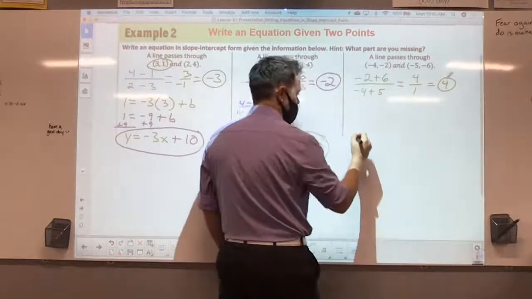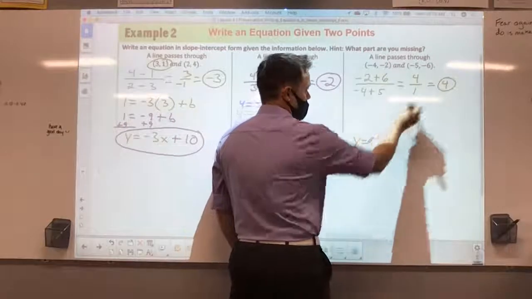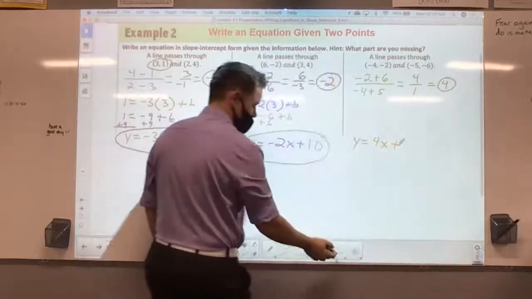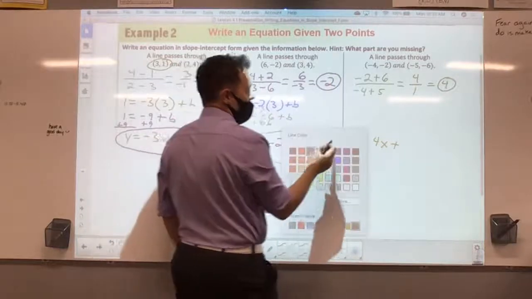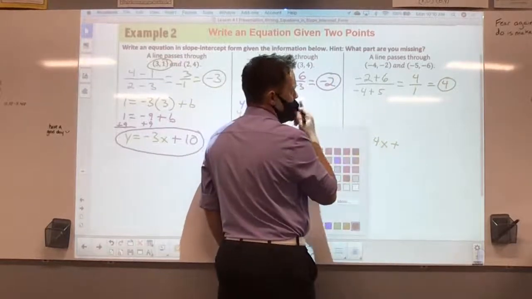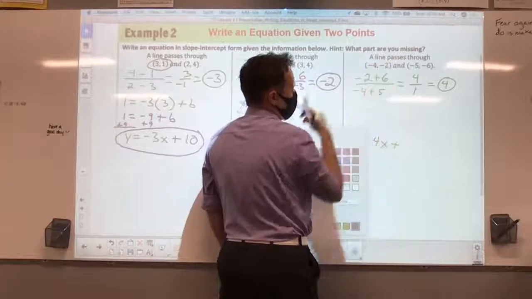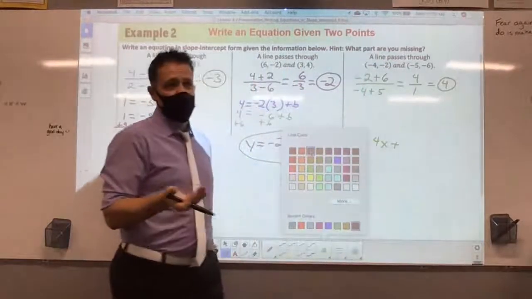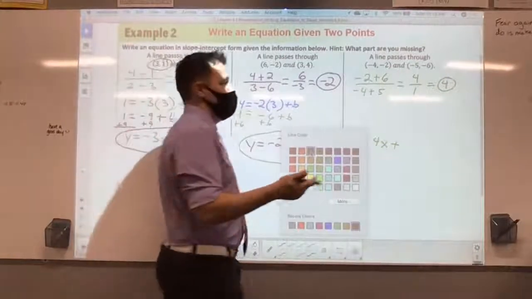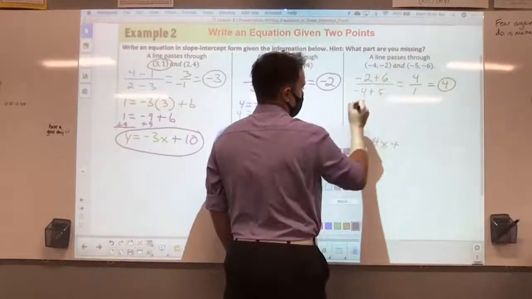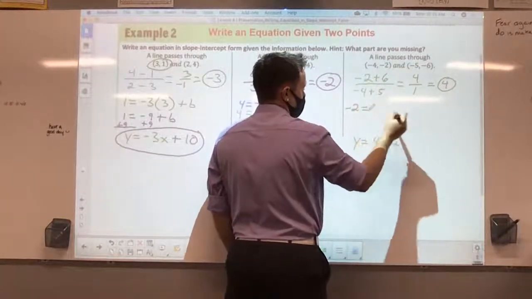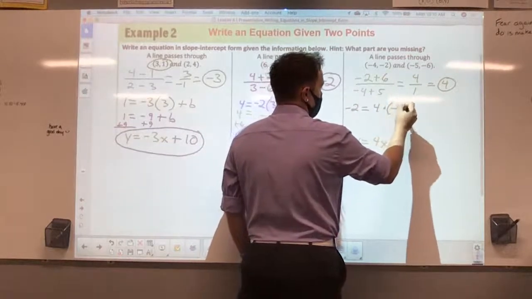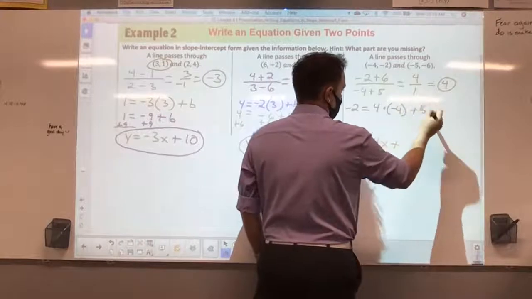So now down here you could start. y equals mx. We just don't know the what. Once again, we don't know the b value. So figure it out. Okay, I'll use the negative 4, negative 2 because it's a smaller number. Does it matter which point you use? No. Okay, that's the key. All right, so it would be negative 2 equals mx plus b.